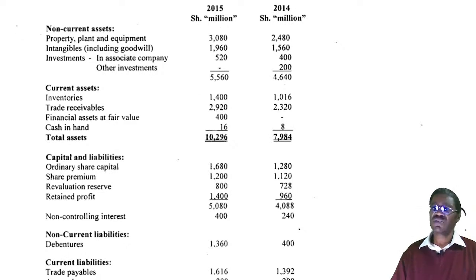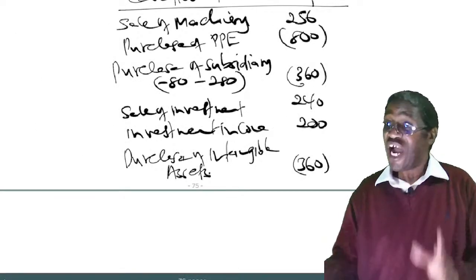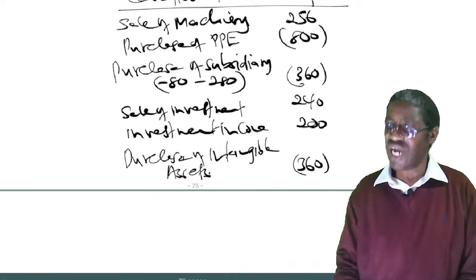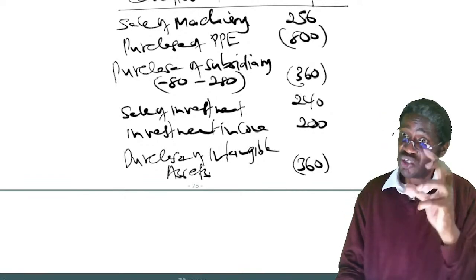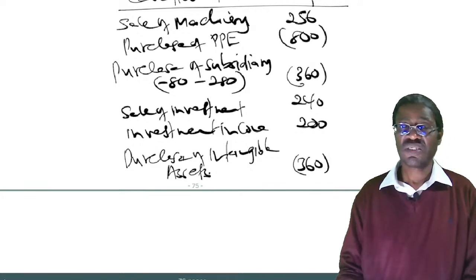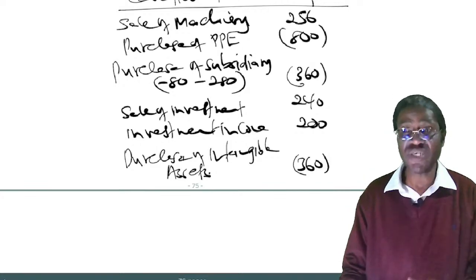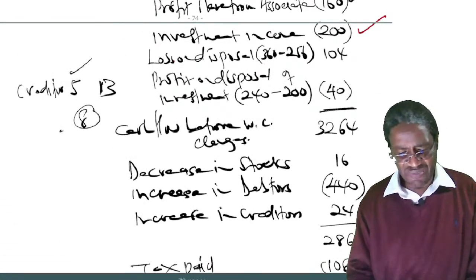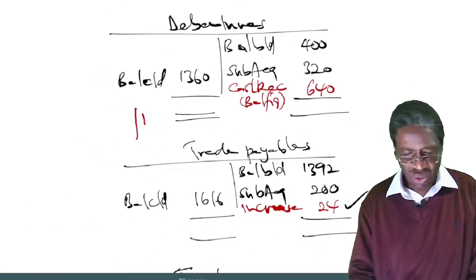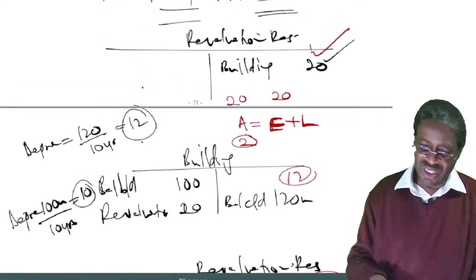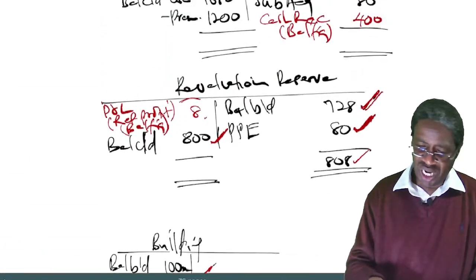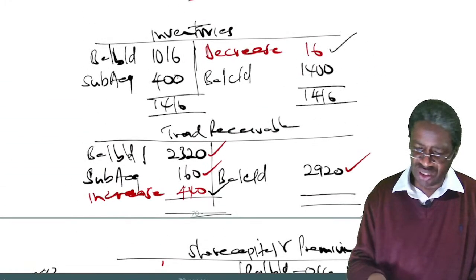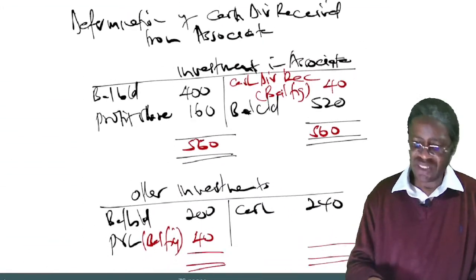And I do remember, listen, we had to analyze the account called investment in associate. For what purpose? To help us get what we were calling the cash dividend received from the associate. And you remember, we classified it as an investing activity. Let's go back to where we did that working. We analyzed the account called investment in associate. It's here.